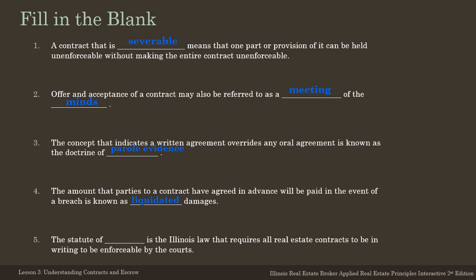This helps courts whenever there is a dispute. When they make their award to the plaintiff, they can look at what the parties had already agreed to as liquidated damages and say, you're going to get the $4,000 because you agreed to that. While we're on that, the courts can actually award even more than the liquidated damages.